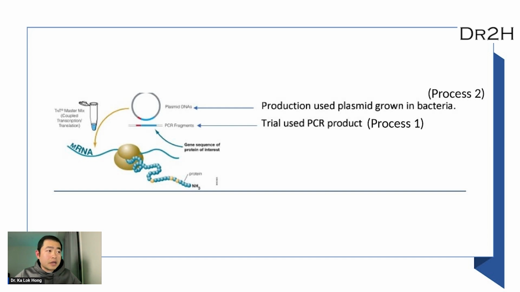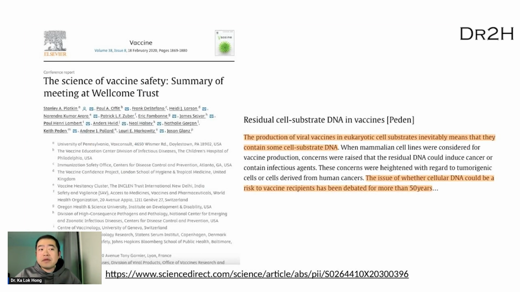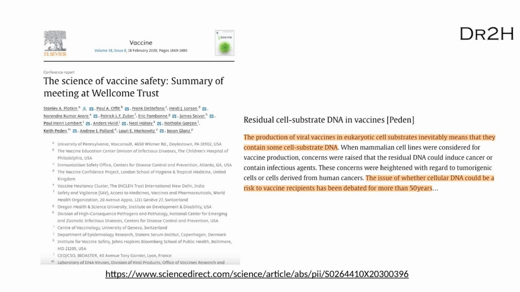Is it new? It turned out that this is not something new. According to a conference report led by several world-renowned vaccine experts, the harmful risk from residual DNA has been debated for more than 50 years, and the FDA does have industry guidance to limit the amount of residual DNA left over from cells that are used to make a vaccine.